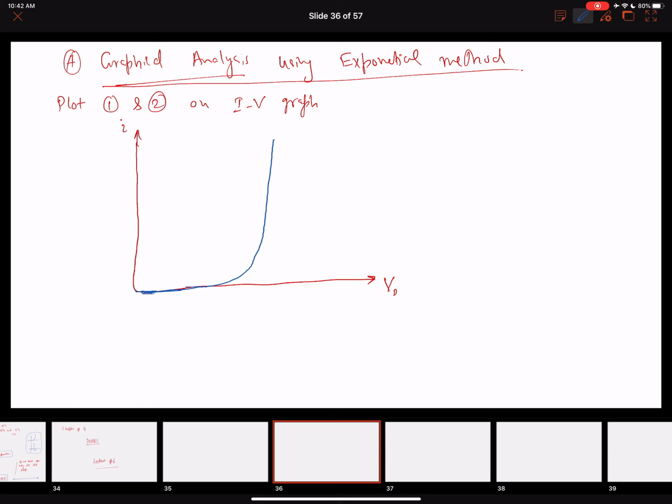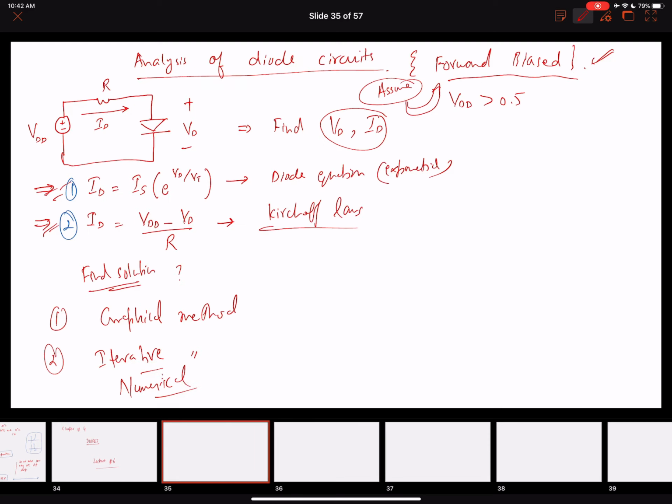Since we are only talking about the forward bias, I'm only interested when VD is greater than 0 volts. Okay, so this is the diode characteristic line. This is good. We already know that this is coming from equation number 1, which, if you remember, was ID = IS e^(VD/VT).